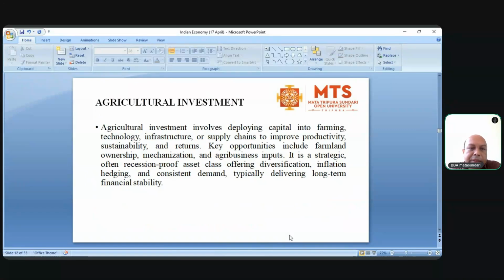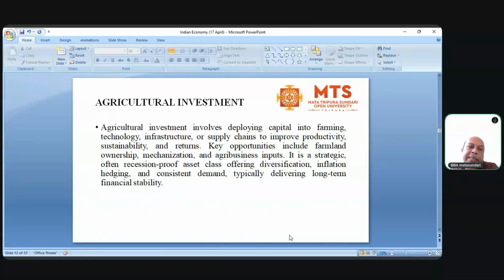Agricultural investment. Agricultural investment basically means investment of capital or funds for development of the agricultural sector. It may be investment of money for modernization of agricultural technique, by purchasing modern technology, better seeds, modern seeds, pesticides, fertilizer, or development of farming technology.